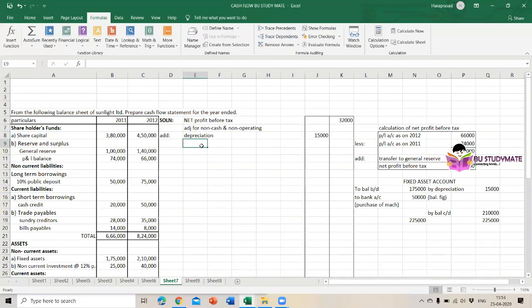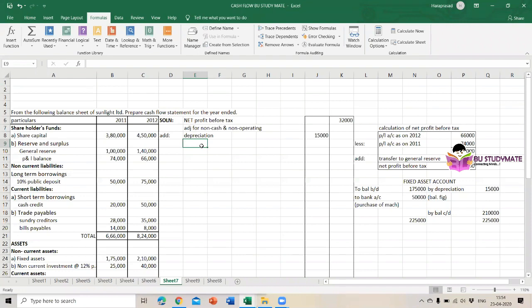Again, what all things we have in the adjustment for non-cash and non-operating items? We have made a loss while selling the non-current investment. Okay, because in the adjustment it is written that non-current investment costing 25,000 were sold at a loss of 3,000 during the year.